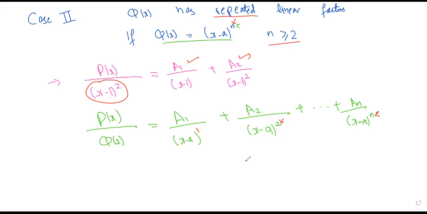X minus 1 square. I heard that in the A levels it was like ax plus b in the numerator. Yes, not for this. You are correct. We'll talk about that for the third type. Here we have a linear factor that is repeated. So this is different basically, right?